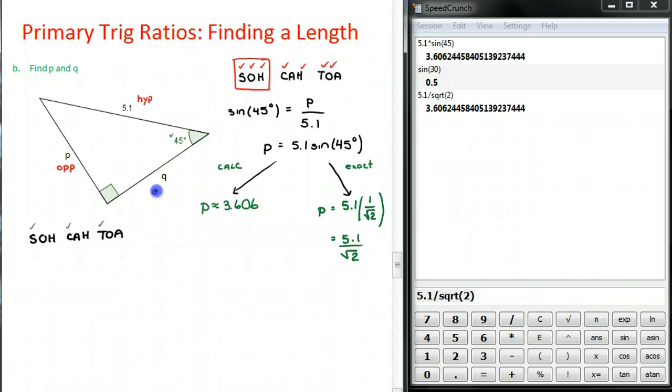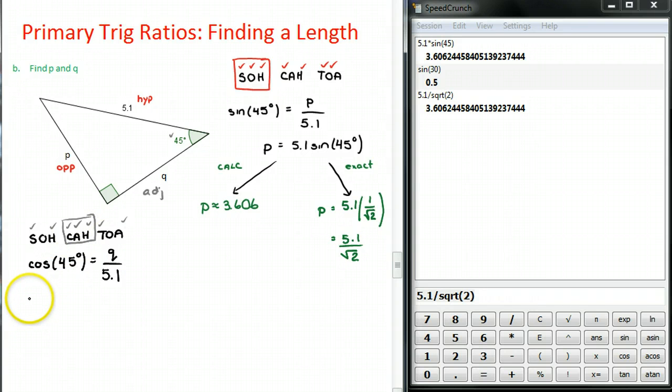Q, relative to 45, is the adjacent, and 5.1 is still a hypotenuse, and I see that I use the cosine ratio. So therefore, the cos of 45 degrees is equal to the adjacent, which is Q over 5.1, which is the hypotenuse.